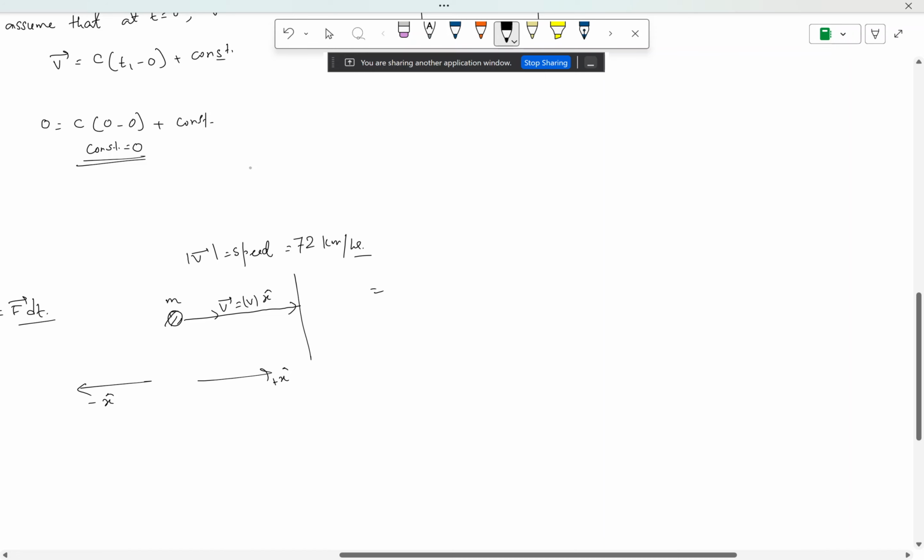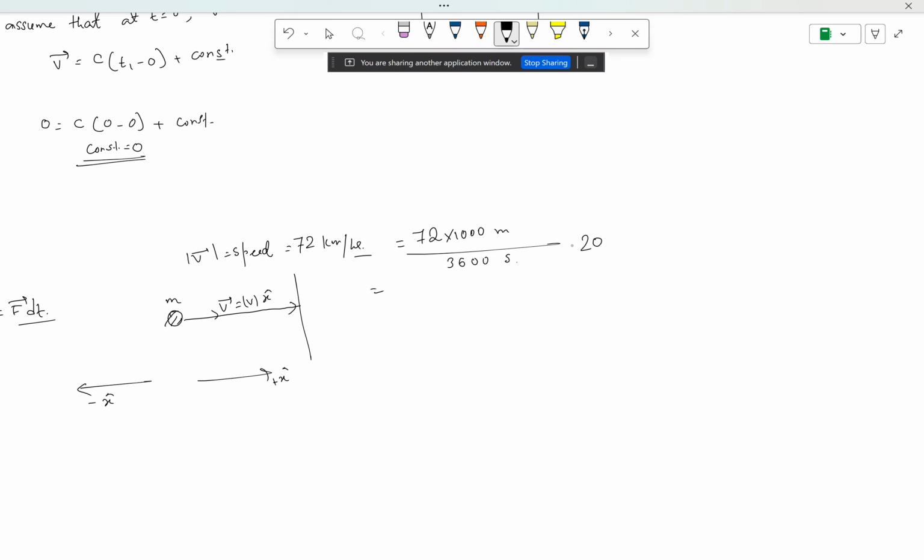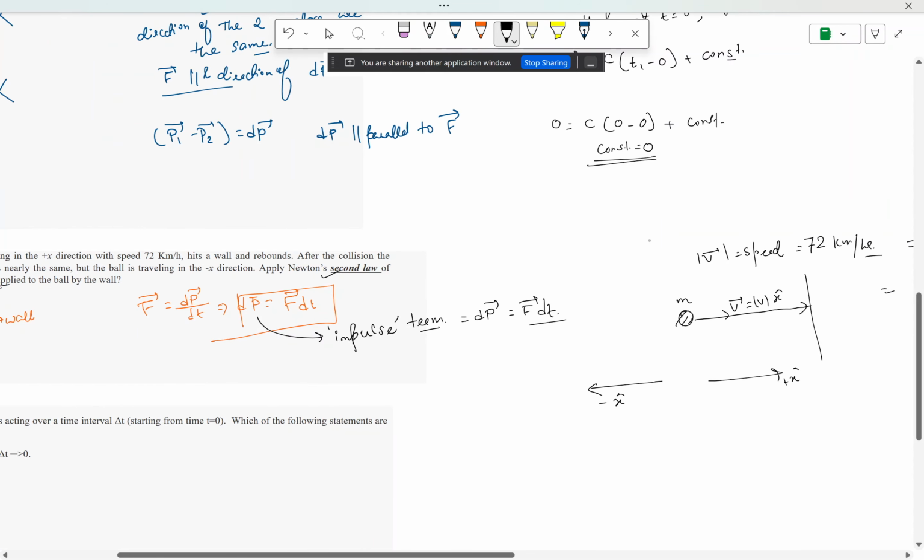So 72 kilometer per hour is 72 into 1000 meter by 3600 second, which is basically 20 meter per second. This is the velocity.